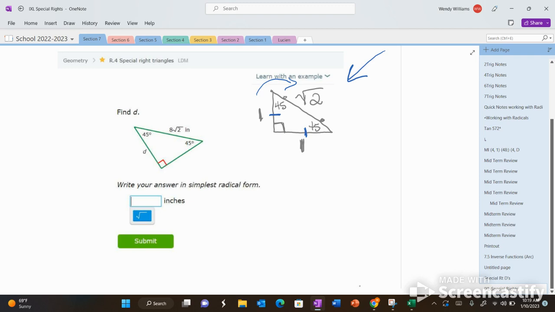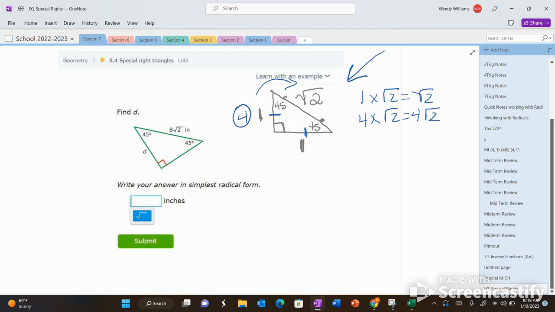So if the leg is 1 times the square root of 2 is simply the square root of 2. If the leg was, say, 4, let's look at this and say, hey, this leg is 4. Then 4 times the square root of 2 is 4 square roots of 2.